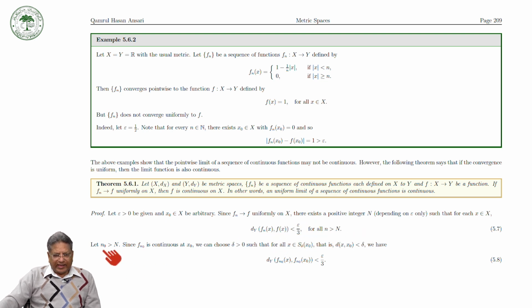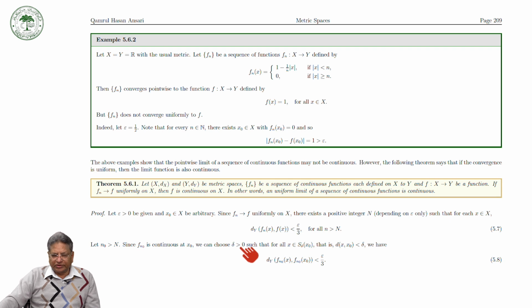Now, let n naught be greater than capital N. Since Fn naught is continuous, because this is a sequence of continuous functions, in particular Fn naught is continuous at the particular point x naught.